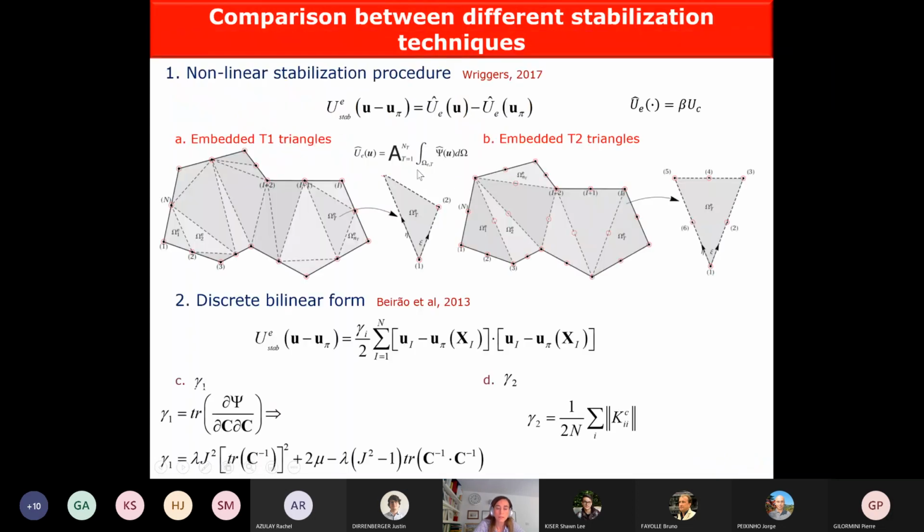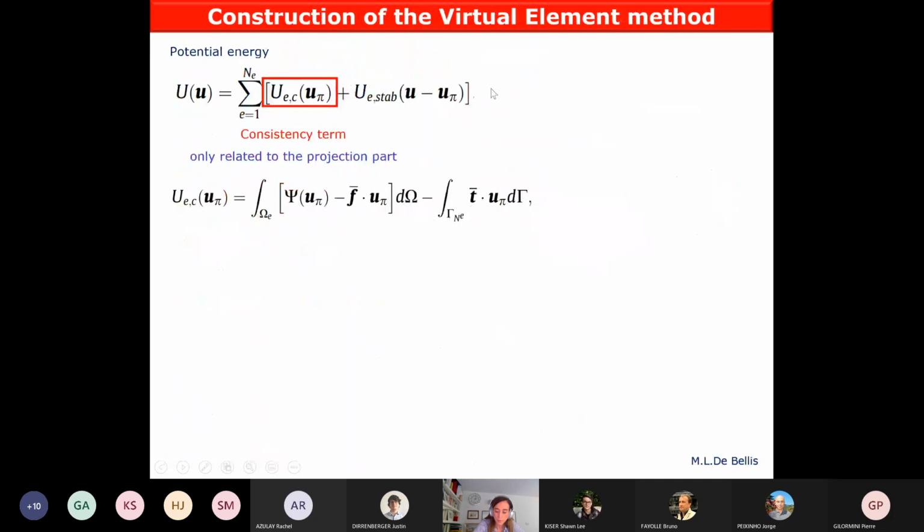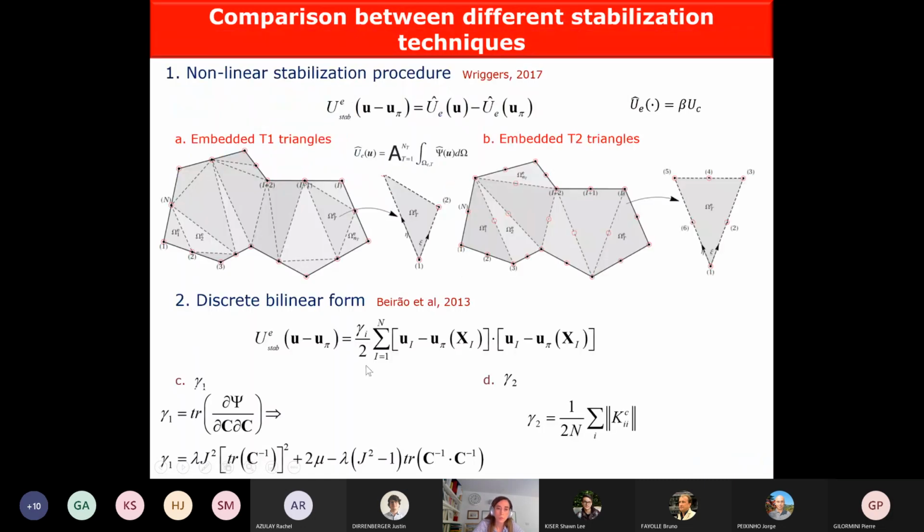Considering the second part, the stabilization part, we follow different approaches, in particular 2 approaches. The first one is called nonlinear stabilization procedure that was firstly proposed by Professor Vriegerts in a previous work.